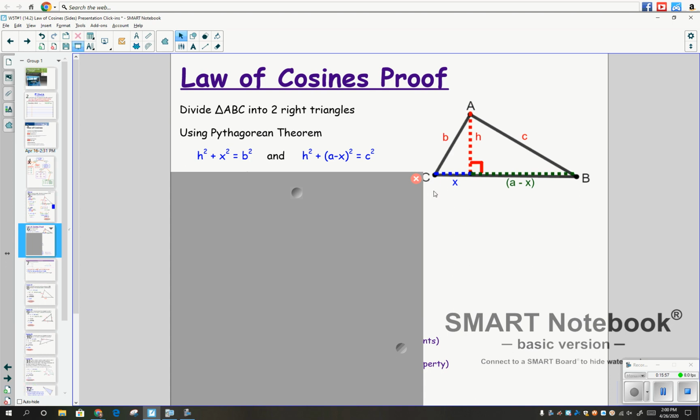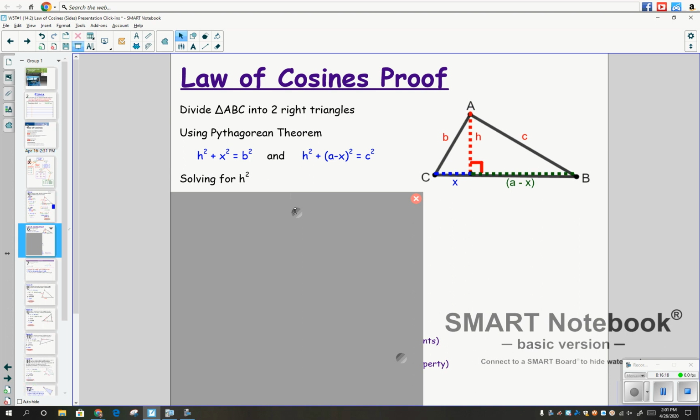Now the bottom, okay, we call side A. Well, if this blue segment is x, we can find the green segment as a minus x, the length of a minus x. So I'm going to use h squared plus a minus x, quantity squared, equals c squared.